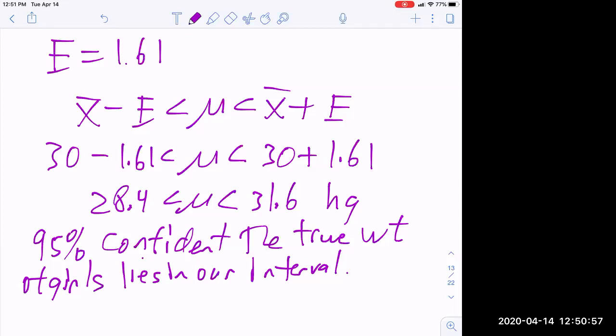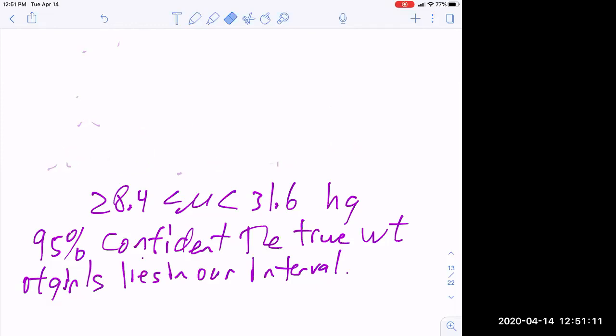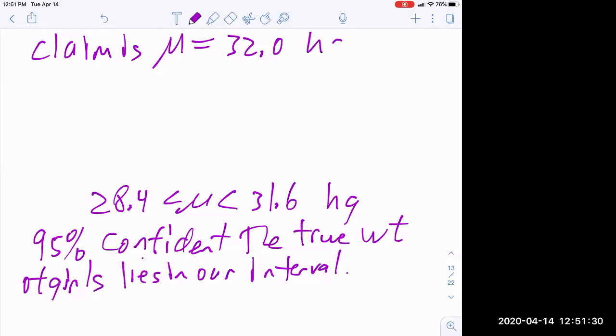So I guess to finish, I'm just going to erase some stuff here, because we've got this. I want to just say a lot of times we will start a problem with a claim. Suppose the claim is the mean weight of girls is 32.0 hectograms.